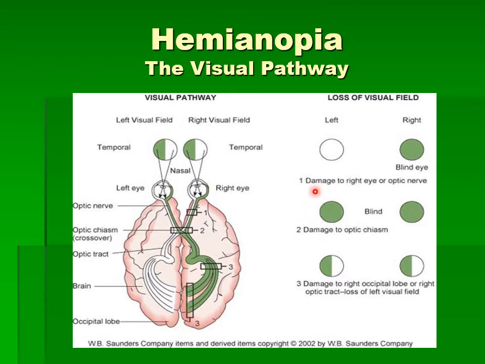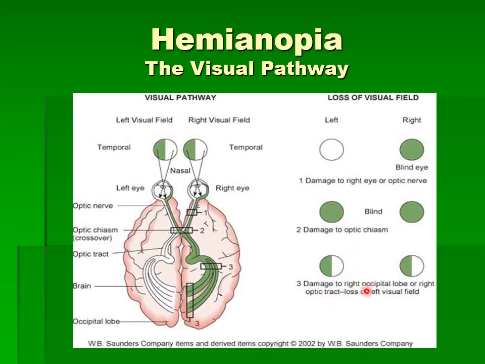So if you have damage to the right eye or to the optic nerve, in this area here, the eye that's going to be affected will be the right eye, and the left eye will be normal. If you have damage to the optic chiasm, then both eyes are affected because that's where your integration center is, and both eyes are blind.